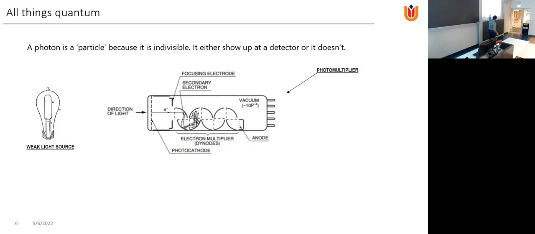That electron is accelerated in an electric field towards different dynodes, which have different voltages, so that at each dynode, more electrons are created. So in the end, you get a whole avalanche of electrons at the end of this instrument, and all these electrons together, that large amount of electrons, give you a measurable current. So every single photon through this photomultiplier is converted into something that you can measure.